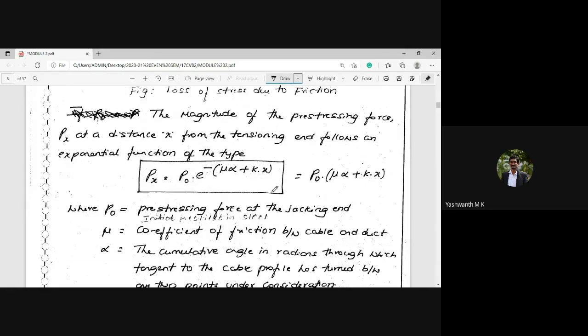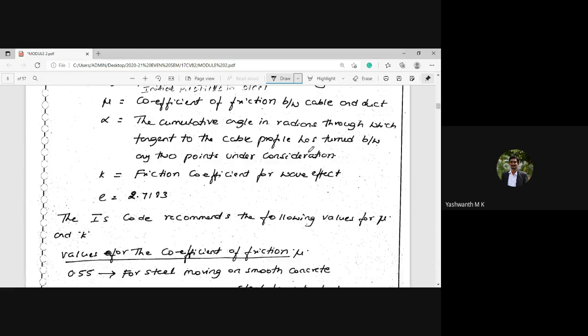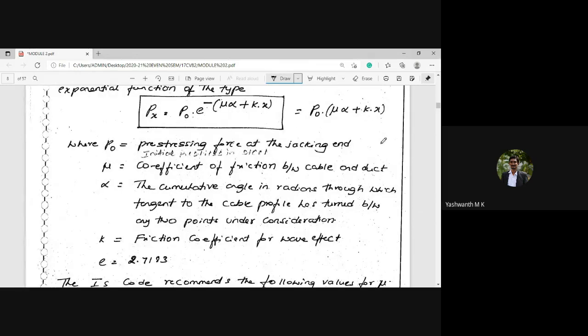Simplifying this, the loss of prestress in steel due to friction is equal to P0 into (mu alpha plus kx), where the exponent is considered small, hence it will be mu alpha plus kx.